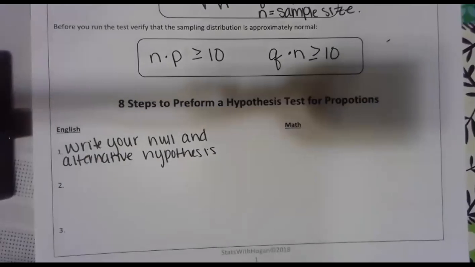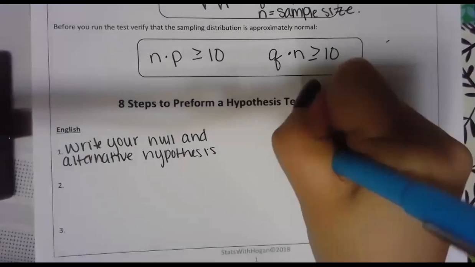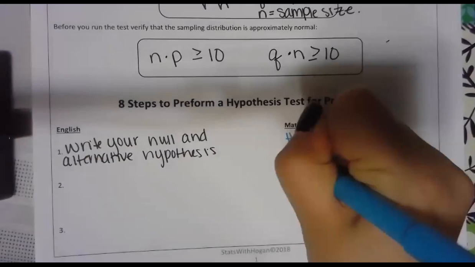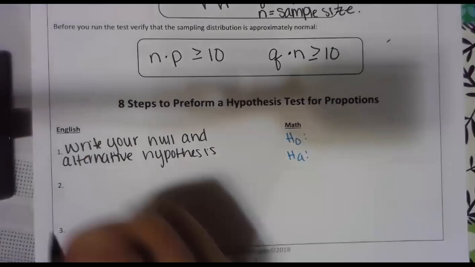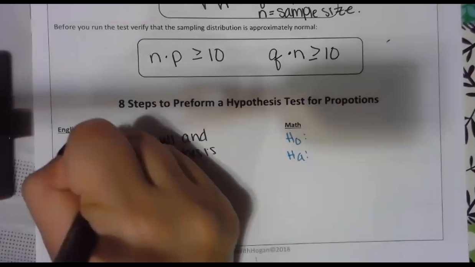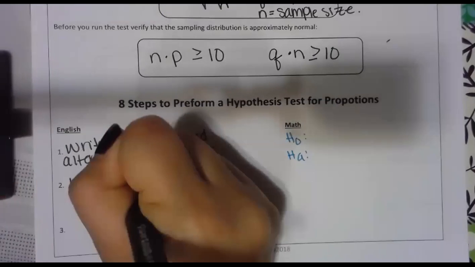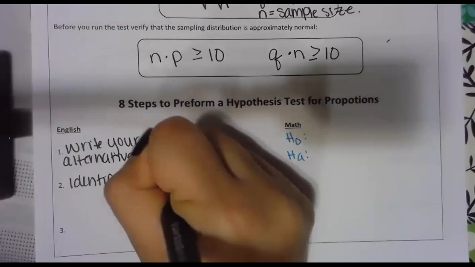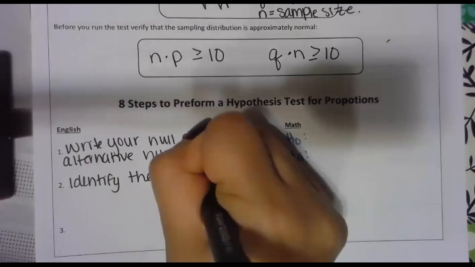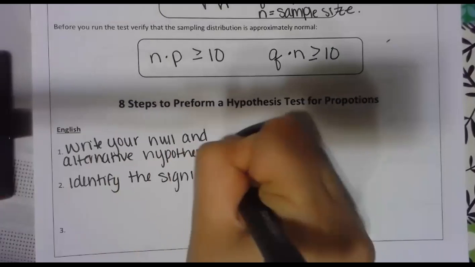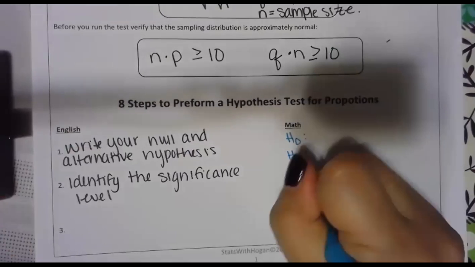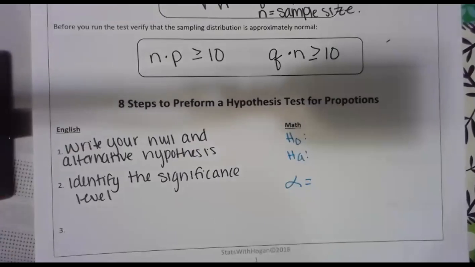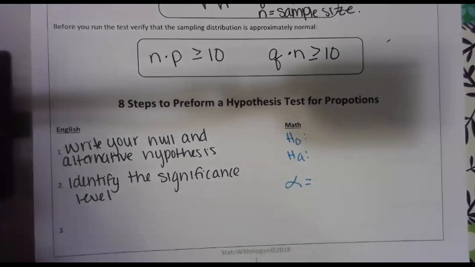This is where you declare what is your null hypothesis and which one is your alternative hypothesis. Then you need to identify your significance level. So this is going to be alpha equals, the number is going to change. Your alpha is going to equal different numbers depending on what it is in your problem.